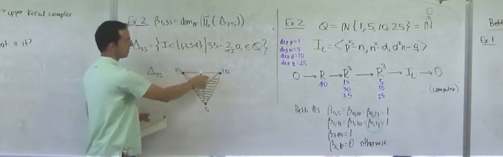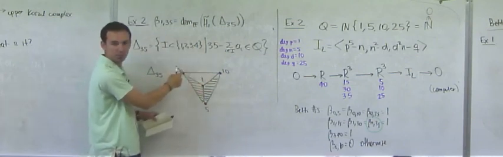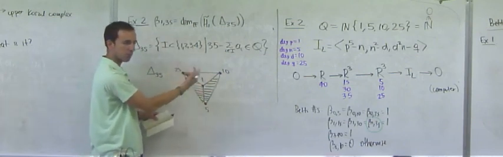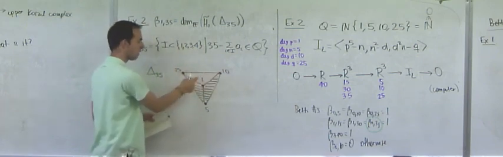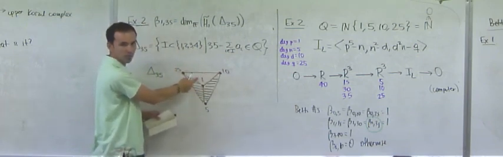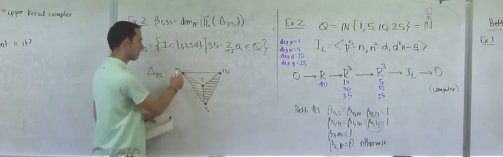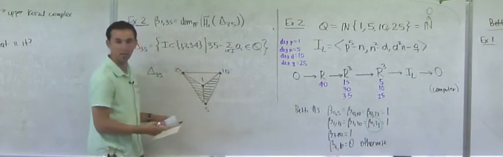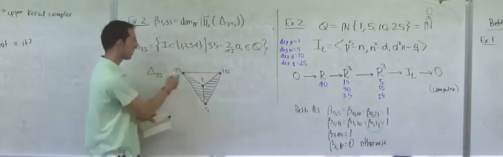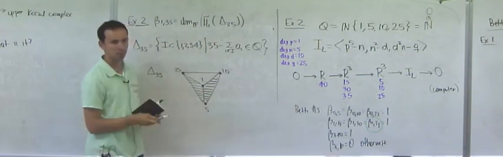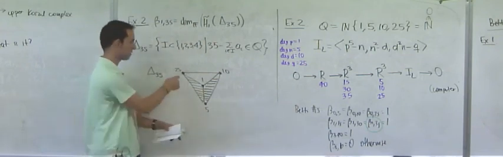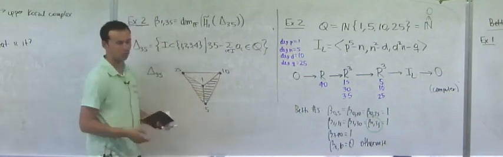What about this face? Well, this is the first face that I'm not supposed to put in, because if I subtract from 35 the numbers 25, 10, and 1, I get negative 1, so I fall out of Q. So I don't put that guy in. And if I subtract 25, 10, and 5, then I don't put that guy either. And so there's no more triangles. And then I look for tetrahedra, but if I subtract all 4 guys, I also am not a natural number.